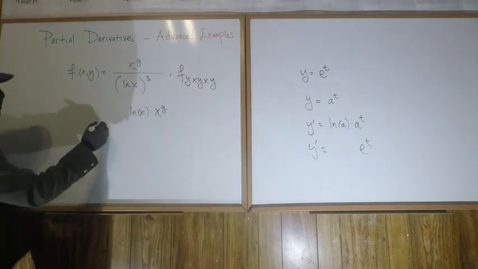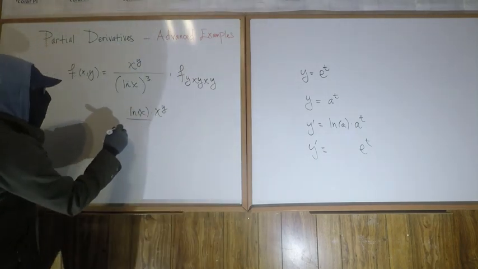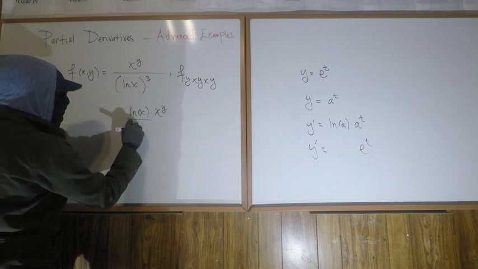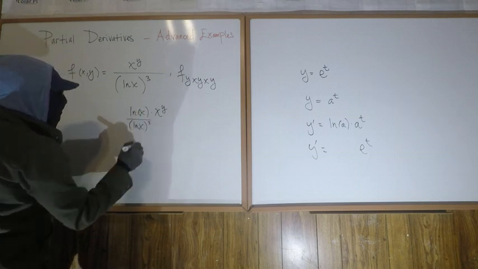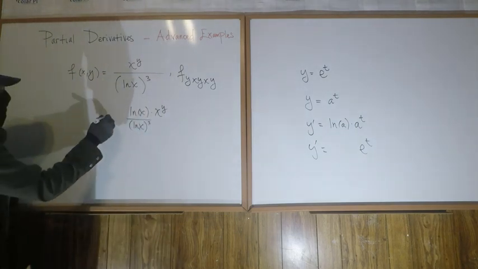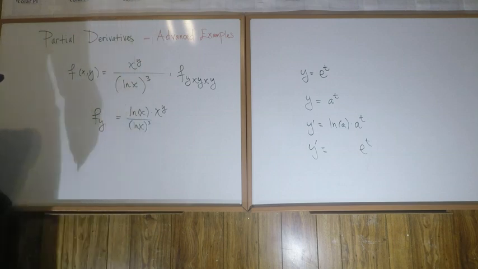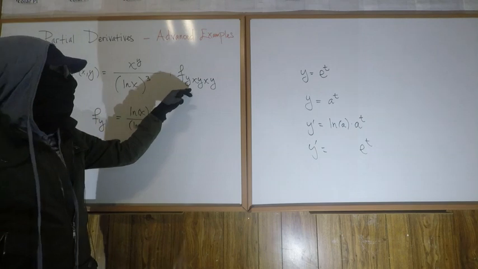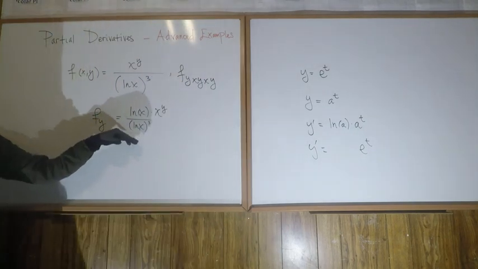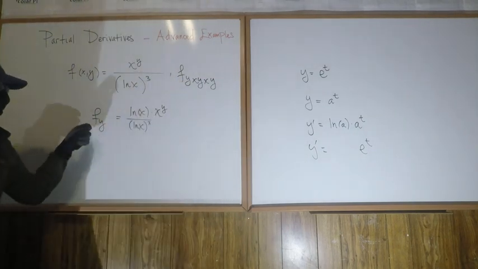And of course, the denominator is a constant, so we just keep it, which is the natural log of x cubed. Now I can simplify, but I'm not going to. And by the way, you should follow that this is fy right now.